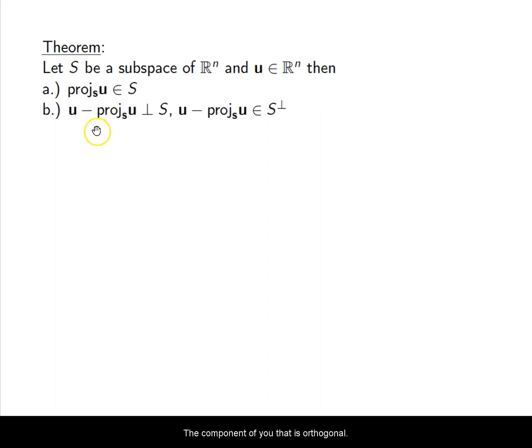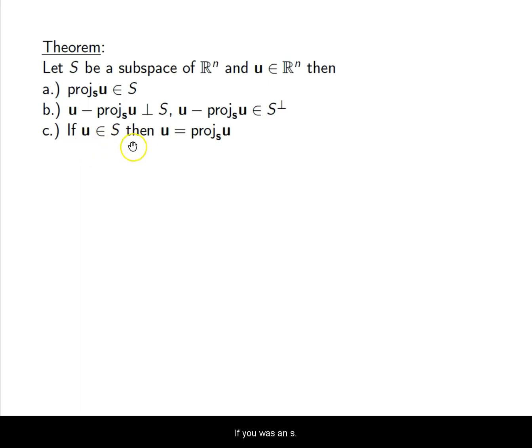The component of U that is orthogonal to that projection is going to be orthogonal to S. That should make sense, right? And then for the next part, that means that this is inside of the set that is orthogonal to S. So the orthogonal component of U, the part orthogonal to the projection onto S, is going to be inside of the orthogonal complement set.